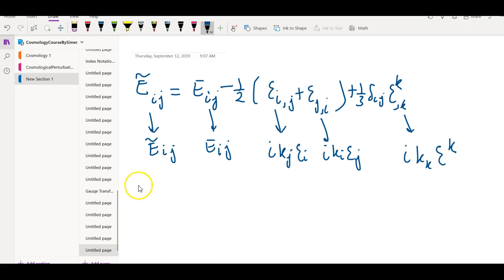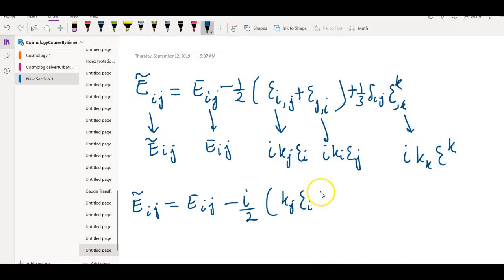So this is equal to this minus kj psi i plus ki psi j plus i by 3 delta ij kk psi k.